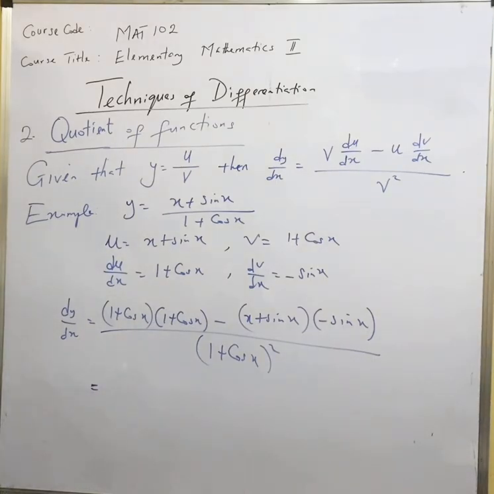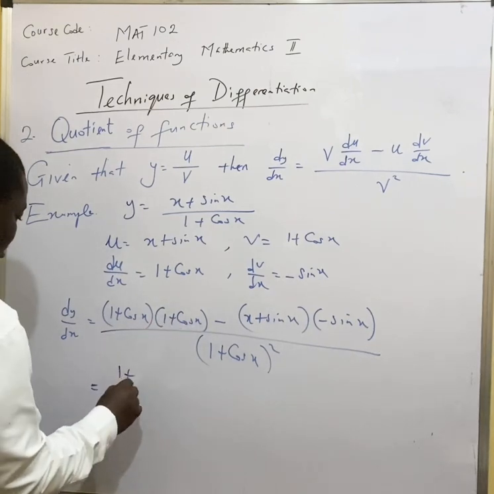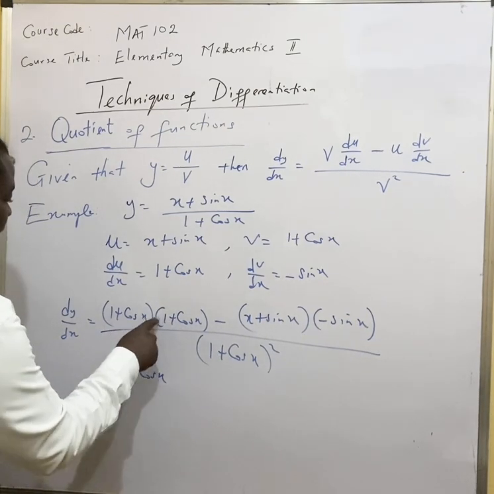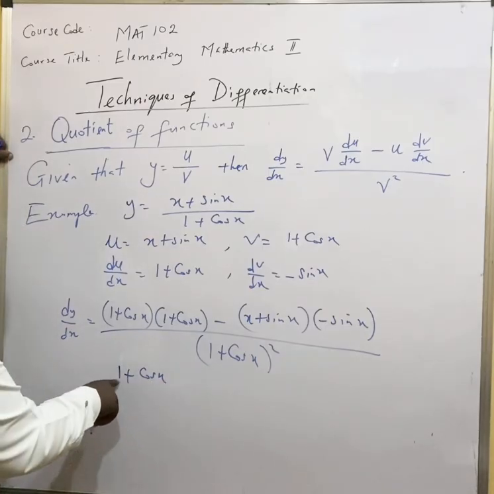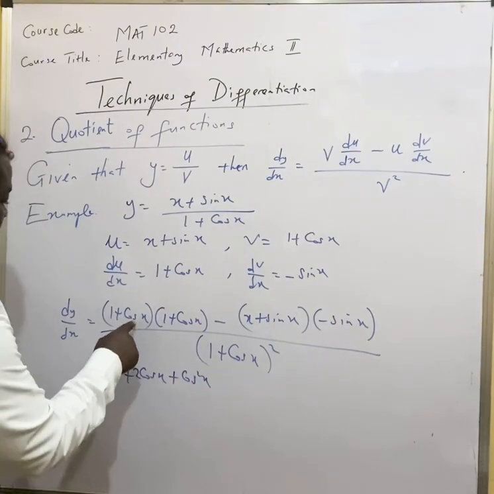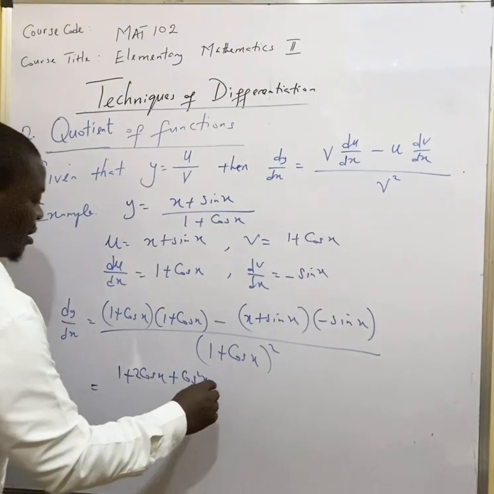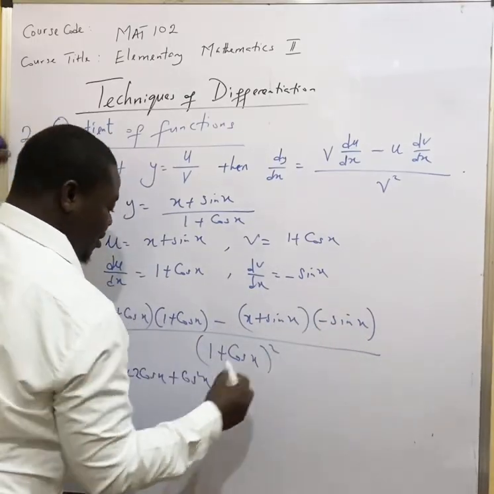So here, if you simplify, like try to expand, you have 1 times 1, 1 times cos x, plus cos x times 1, that's another cos x, that will be plus 2 cos x, so 1 plus 2 cos x, plus cos squared x, cos x times cos x. Now this is minus sine x here, and we have minus here, so minus times minus will become plus.